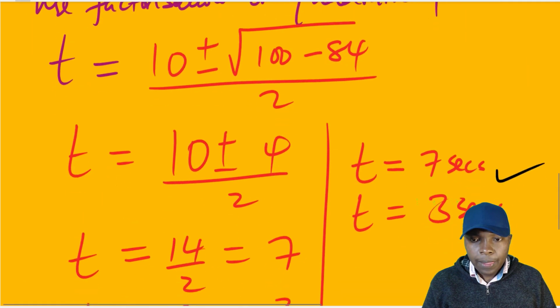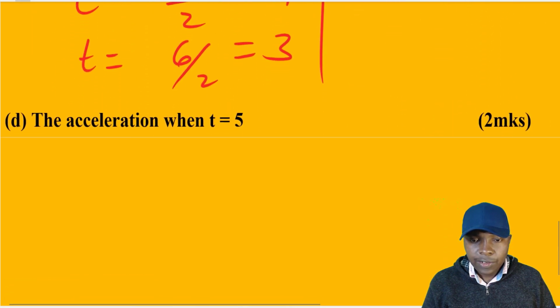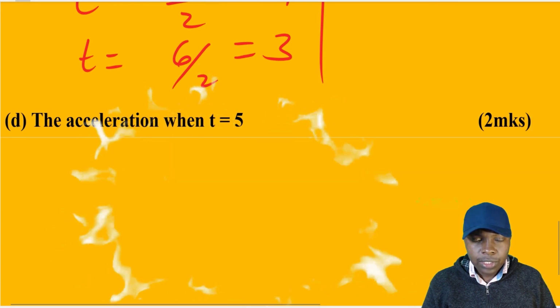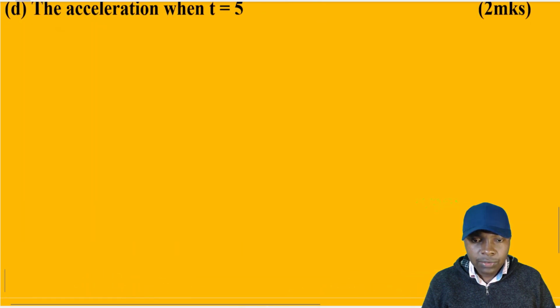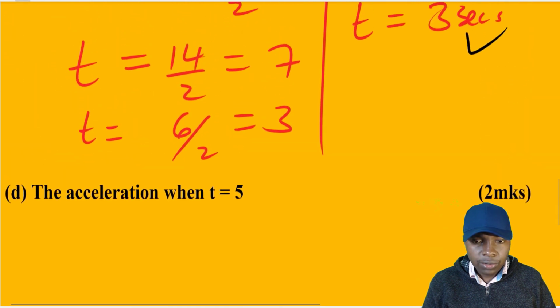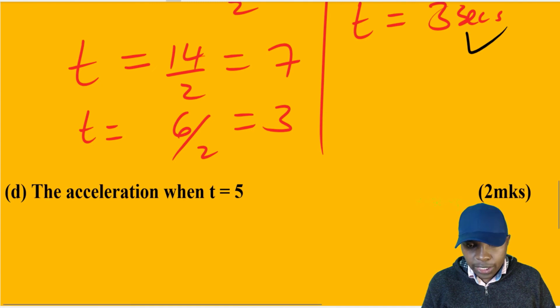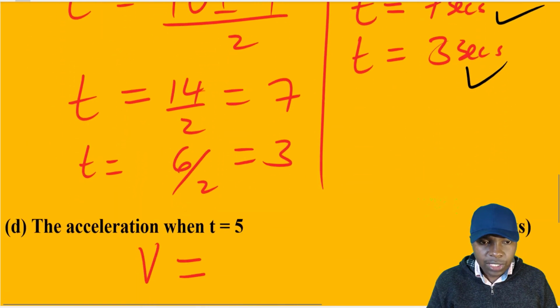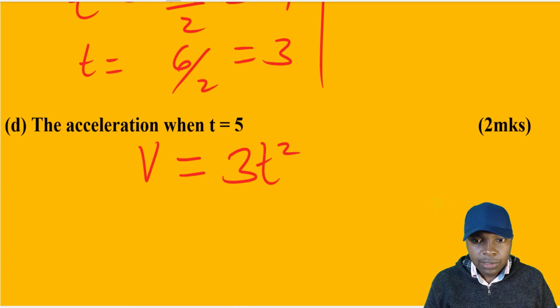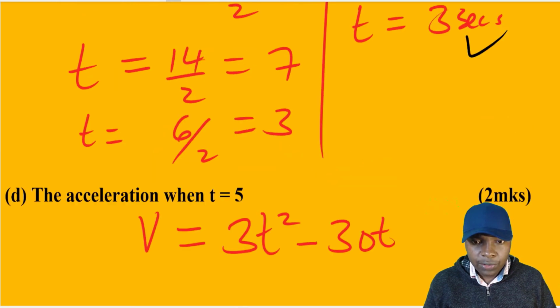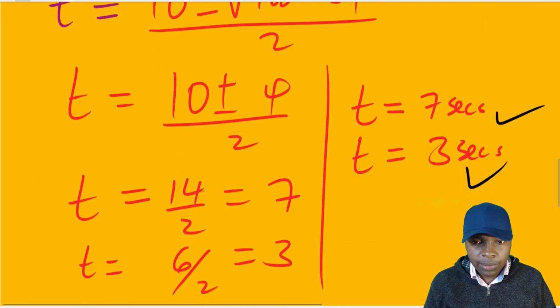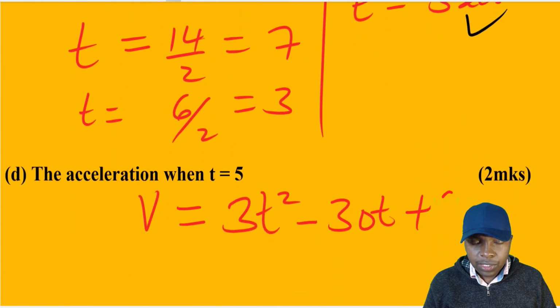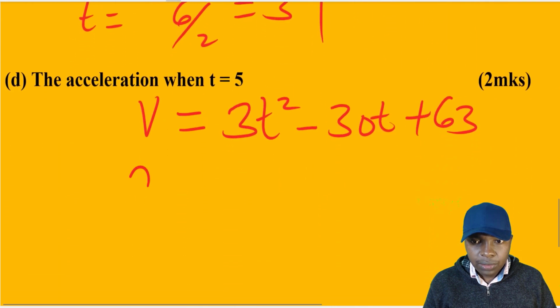After obtaining that, I've answered that question. Now we need to get the acceleration when t is equal to 5. Now that we've got the expression for velocity, we differentiate velocity to get acceleration. The velocity is v equals 3t squared minus 30t plus 63.